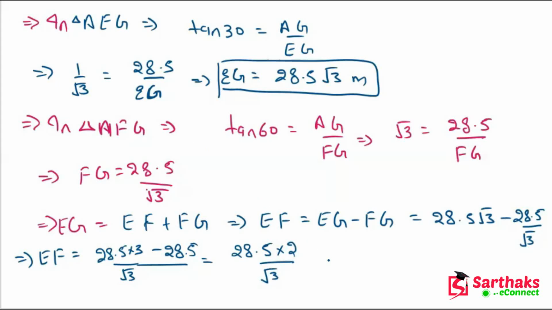Okay, so this will become 57 divided by root 3. So we have EF is equal to 57 divided by root 3. This answer is also correct.